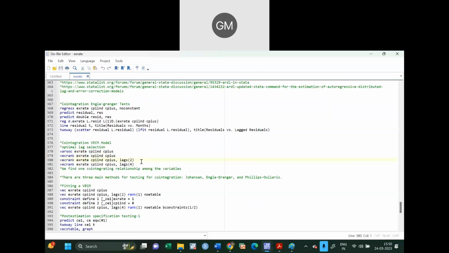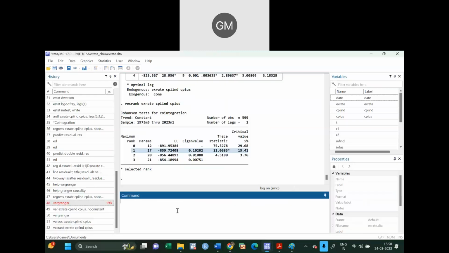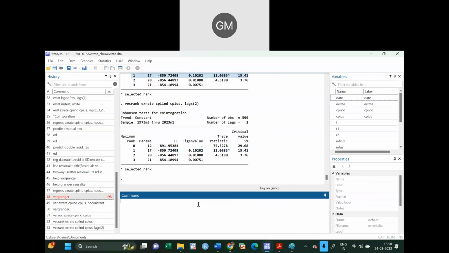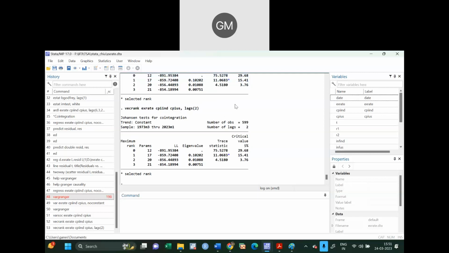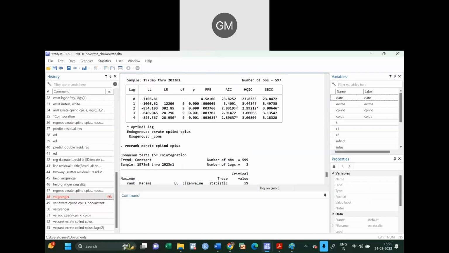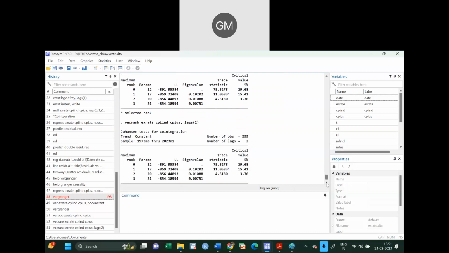So with 2 lags, let's check. Then we'll check with 4 lags. It's going to give you the same, right? The VAR lag selection gives you the lag, so we selected these 2 lags, and then we will try the 4th lag and check the cointegrating relationship.